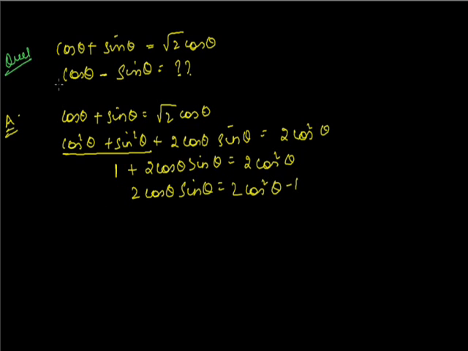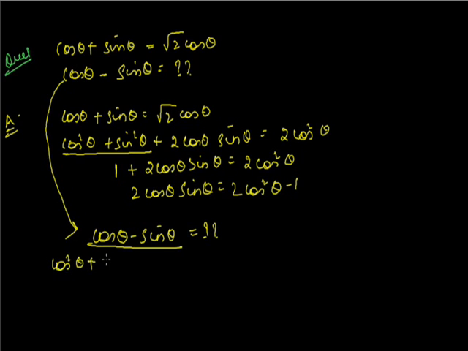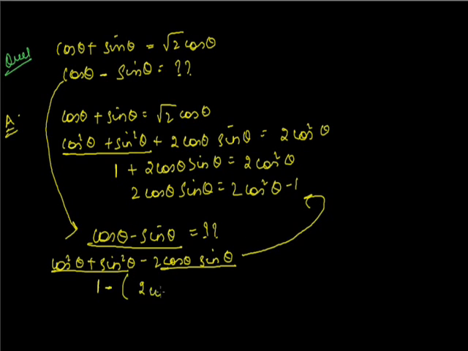Now I have to calculate the value of cos theta minus sin theta. So I'll be squaring this. So cos square theta plus sin square theta minus 2 cos theta sin theta. I know the value of cos square theta plus sin square theta is 1. 2 cos theta sin theta, I can take the value from above, that is 2 cos square theta minus 1.